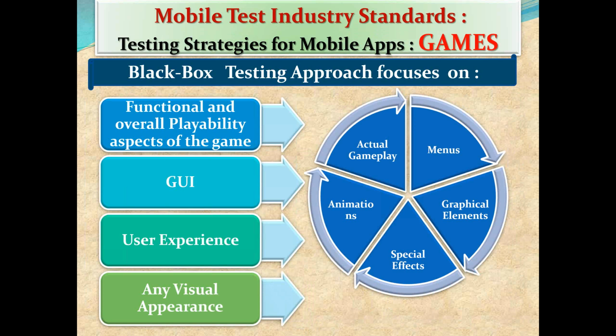First is the black box testing approach, and it focuses on the functional and overall playability aspects of the game. In this type of testing, testing the graphical user interface, user experience, or any visual appearance is the key role. Menus, graphical elements, special effects, animation, and the actual gameplay are under test with the black box approach.